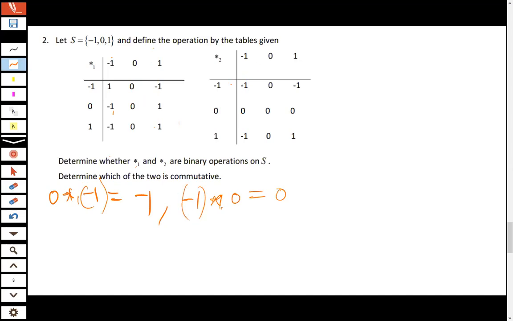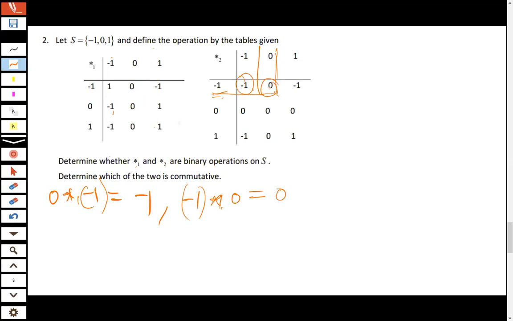Let's look at this one. Here we have -1 star -1, the answer is -1. -1 star 0, the answer is 0. Then we have 0 star -1, the answer is still 0.